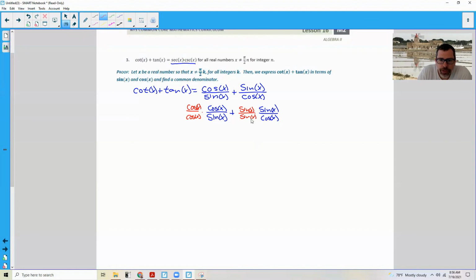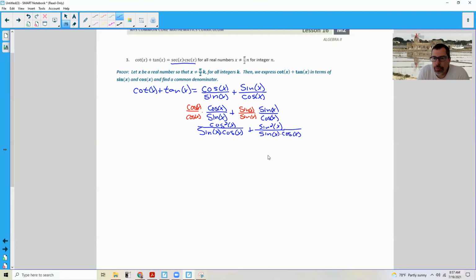So this is equal to 1, this is equal to 1. I didn't change the values. And over on the left, I'm going to get sine x times cosine of x for my denominator, and the numerator is going to be cosine of x times cosine of x, which is cosine squared x, plus sine x times sine x, which is sine squared x, over that same sine x times cosine x.